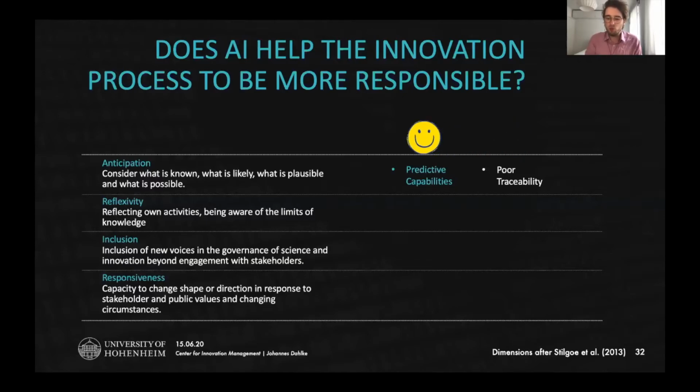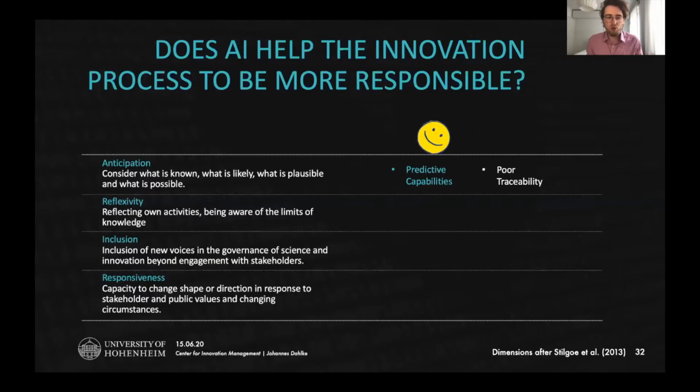On the other hand, we may be able to forecast something, but we're not really sure of the driving factors behind it because, in the case of a neural network, the traceability back to the input factors is really, really hard to gain insight into, okay?